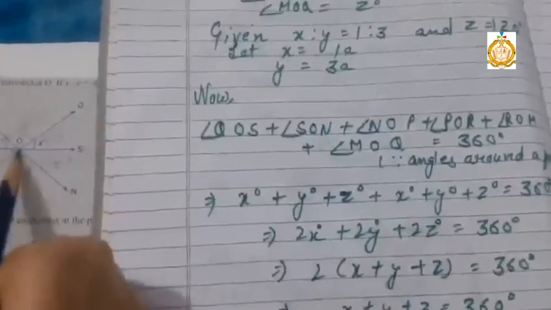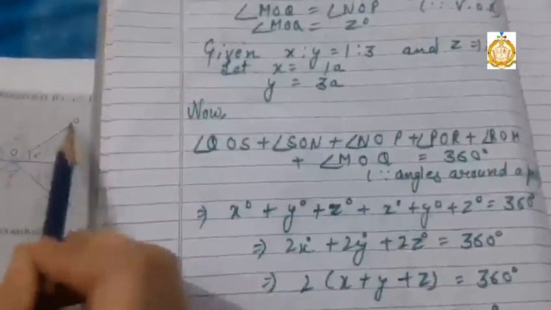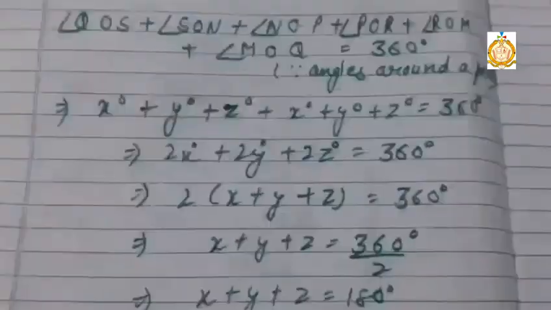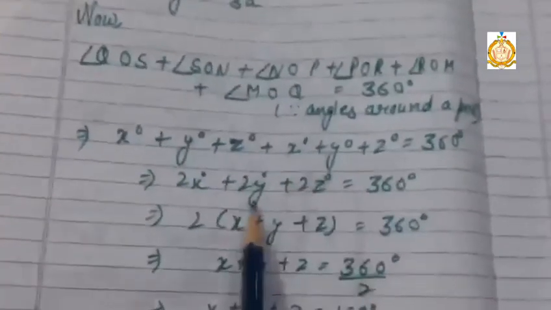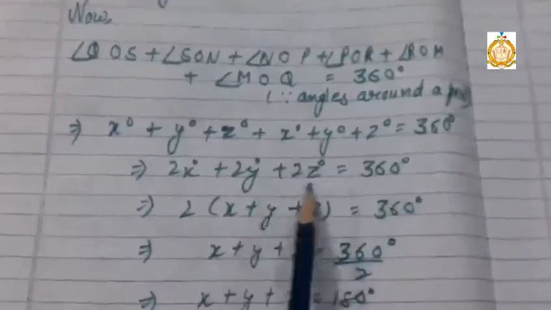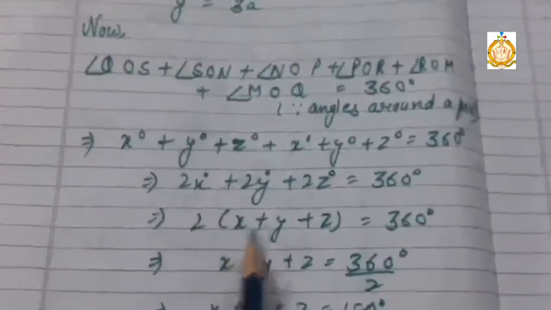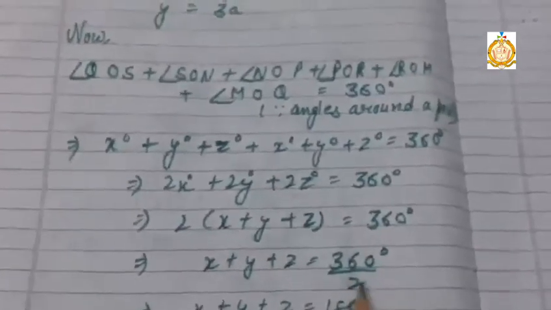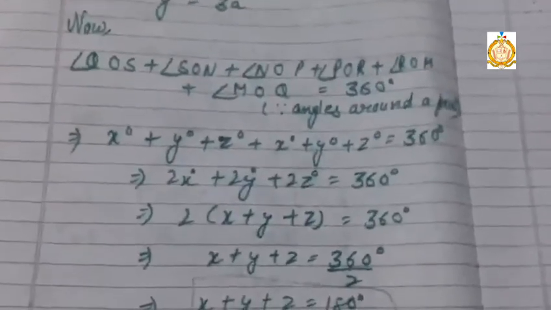Value of angle ROM is y degree, and the value of MOQ is z degree, equals 360 degree. x plus x is 2x, y plus y is 2y, z plus z is 2z, equal to 360 degree. Taking 2 common, you can write 2 in the bracket x plus y plus z is equal to 360 degree. Dividing by 2, you will get 180 degree. So x plus y plus z is equal to 180 degree.